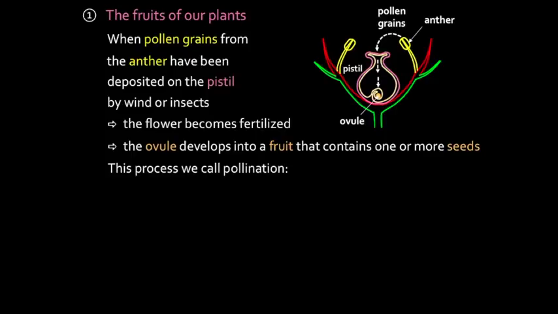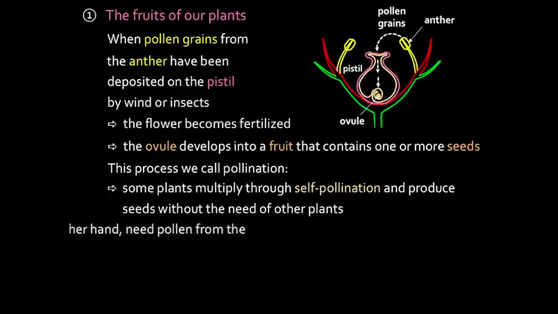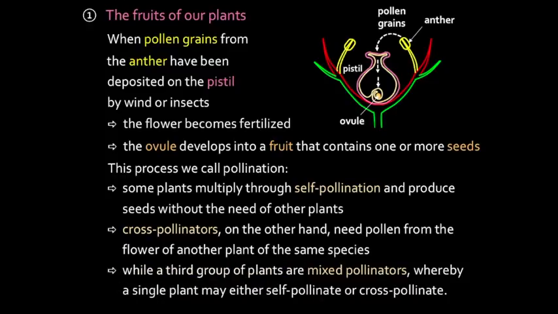This process we call pollination. Some plants multiply through self-pollination and produce seeds without the need of other plants. Cross-pollinators, on the other hand, need pollen from the flower of another plant of the same species. While a third group of plants are mixed pollinators, whereby a single plant may either self-pollinate or cross-pollinate.